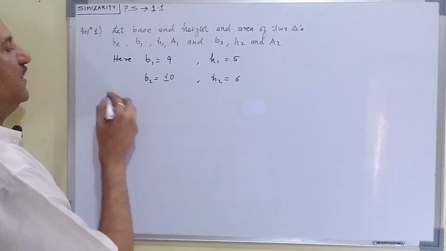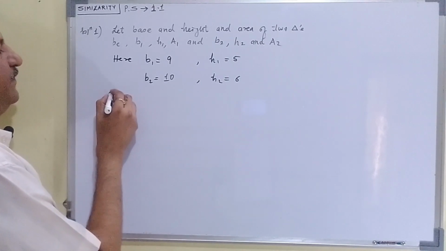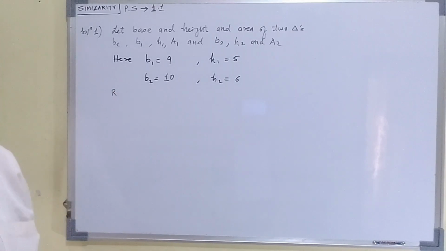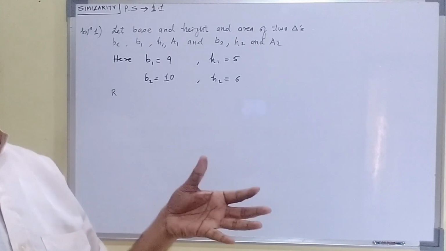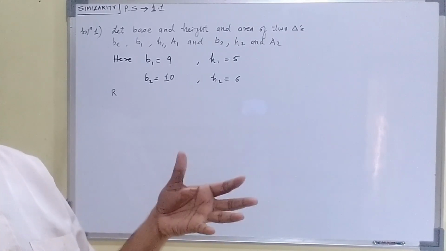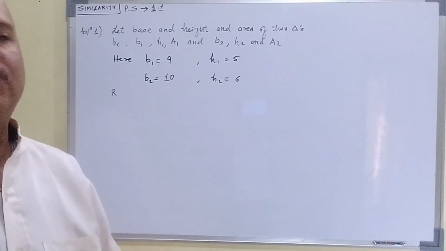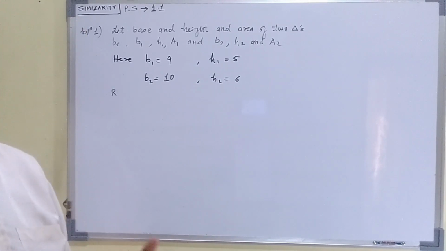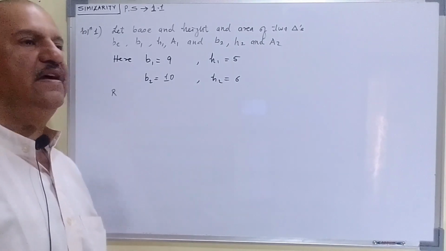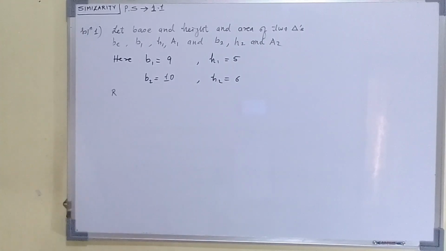Now we know very well the property we have. What is the property? When base and heights are given to you, the ratio of areas of two triangles is equal to the ratio of the product of their bases and corresponding heights.